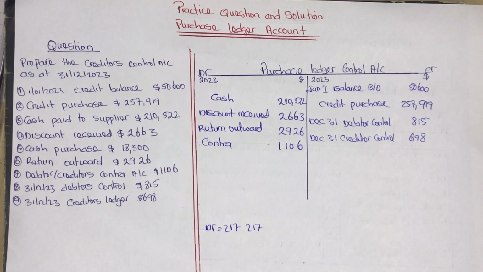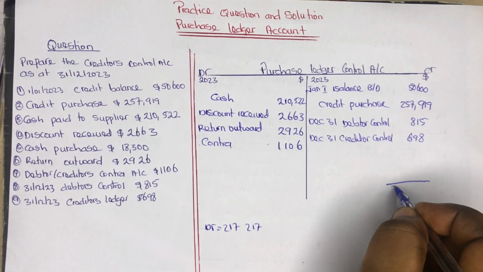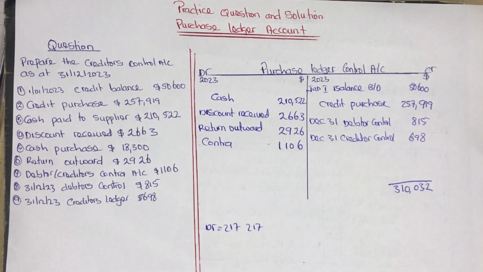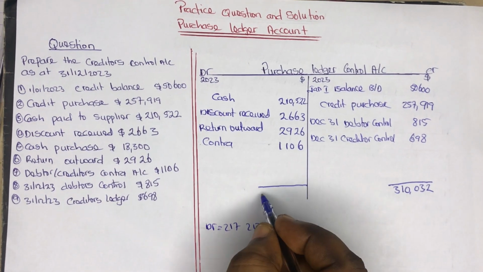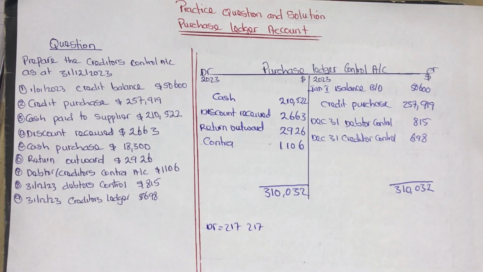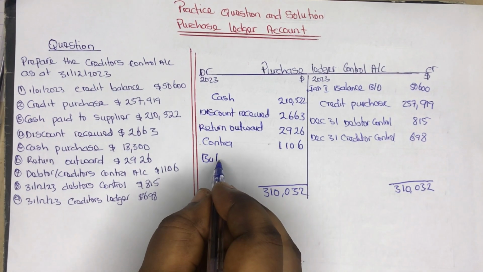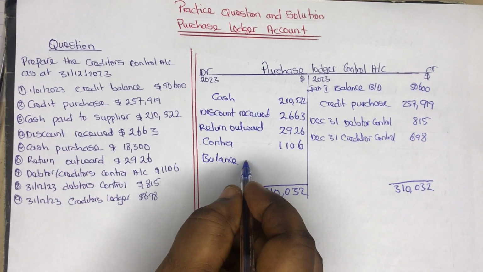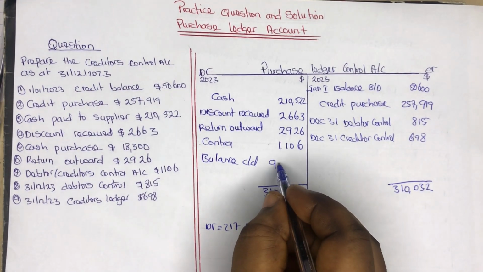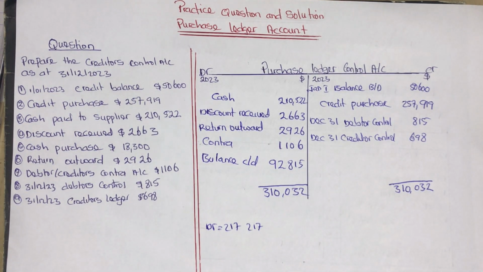And the credit side, which is the bigger side, is 310,032. So the closing balance, that is the balance carried down, will be $92,815. That is the closing balance.